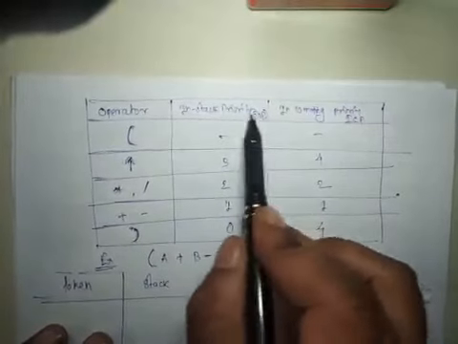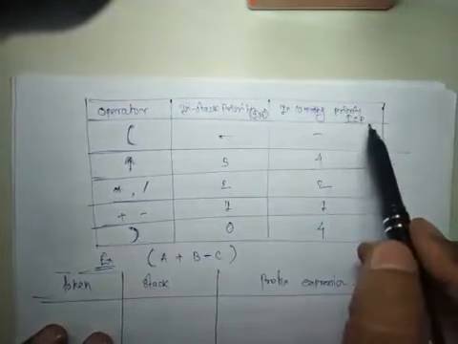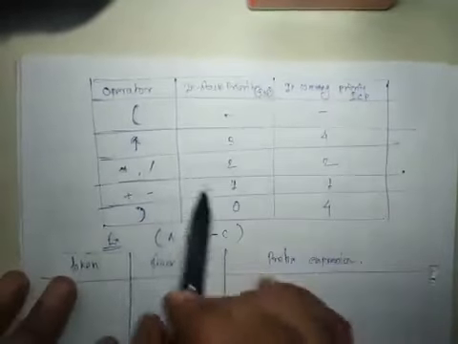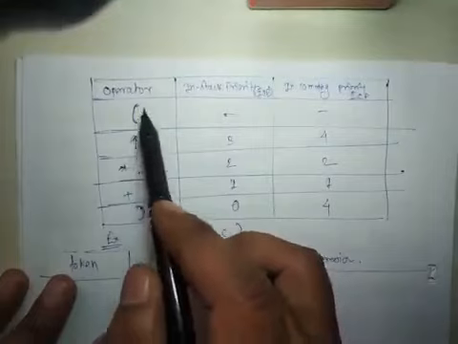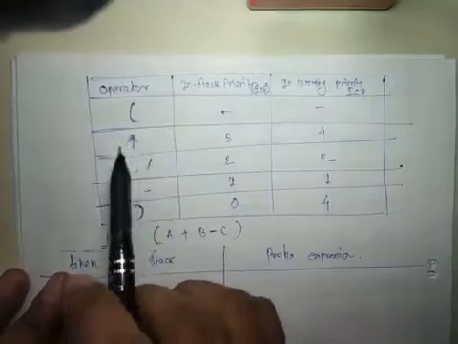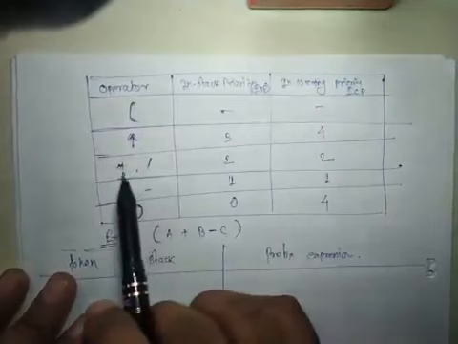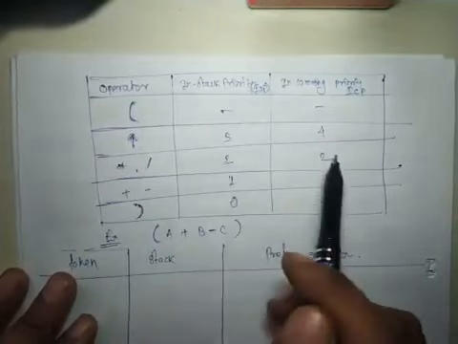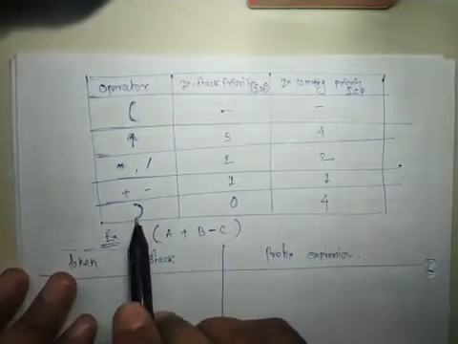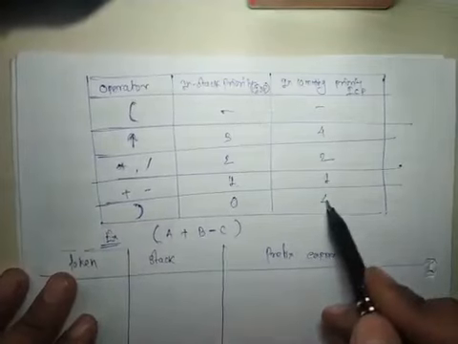In stack means the operator which is in the stack, and incoming means the operator which is coming from the expression. There is no precedence for opening parenthesis. For the exponent operator, in stack priority is 3, incoming is 4. Multiplication and division: in stack priority 2, incoming 2. Plus and minus: in stack priority 1, incoming 1. And the closing parenthesis: in stack priority is 0, incoming is 4.